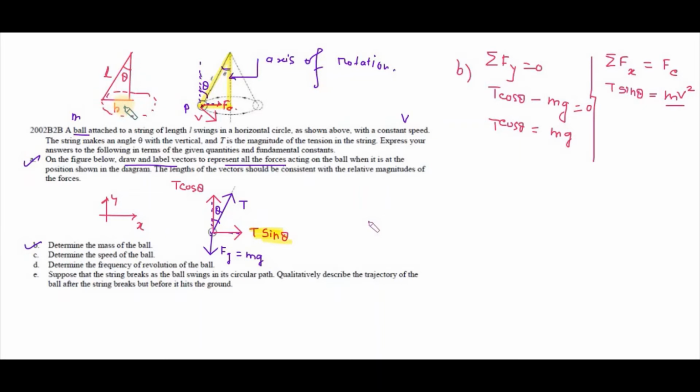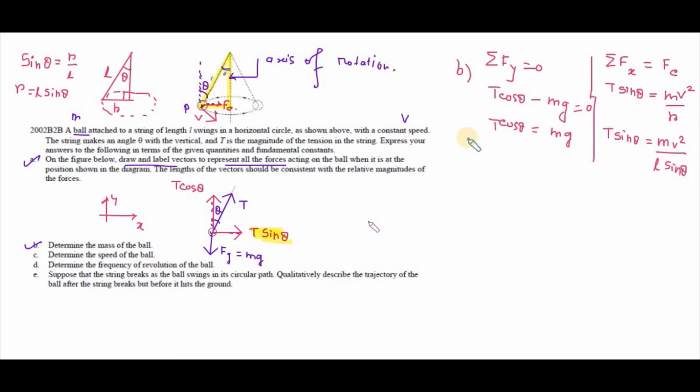To determine the value of R with respect to L and theta, we consider that sine theta equals R by L, which means R equals L sine theta. We can substitute this in the equation m v squared by R. So T sine theta is equal to m v squared by L sine theta.